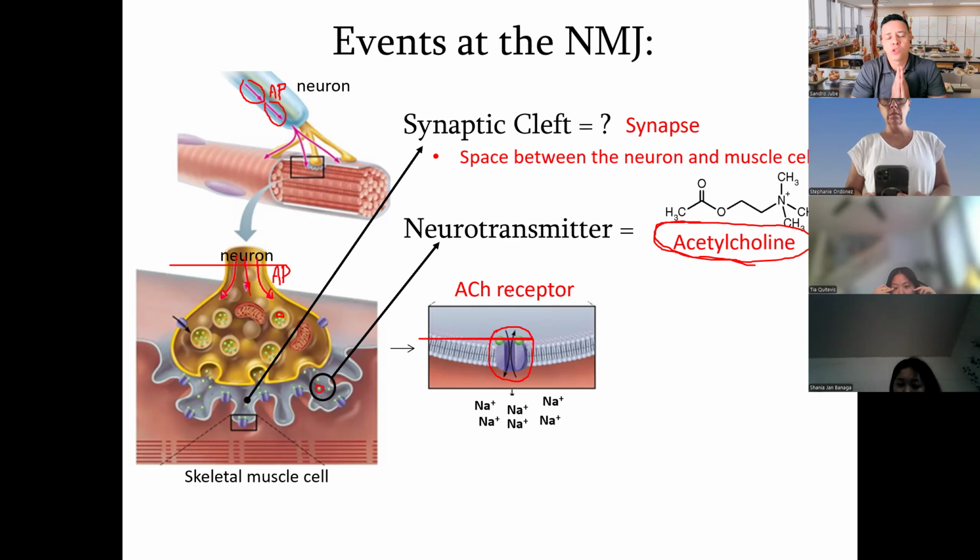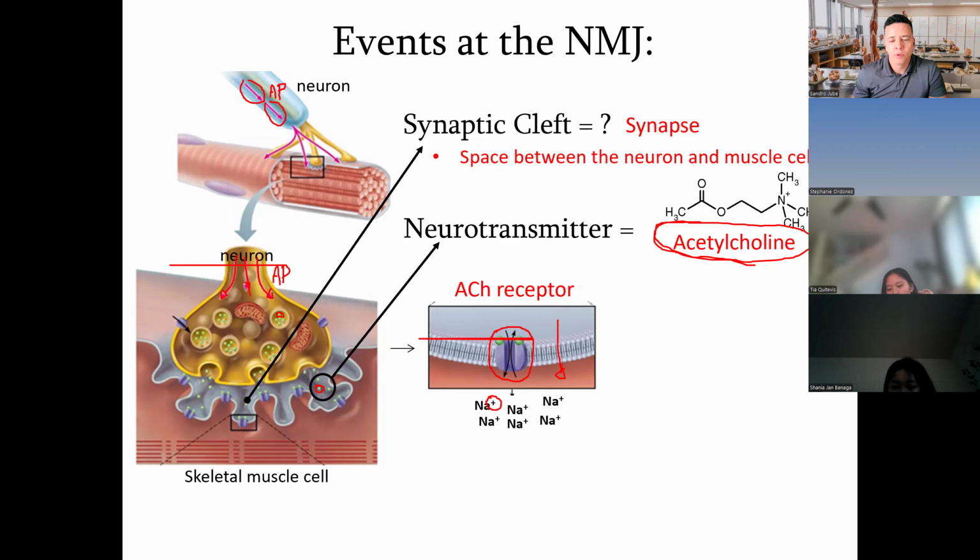They allow sodium to pass right through. Because sodium is charged, right? It has a positive charge. Sodium cannot cross the phospholipid bilayer through simple diffusion. Sodium can only go in and out of the cell through a transmembrane protein that we call an ion channel.